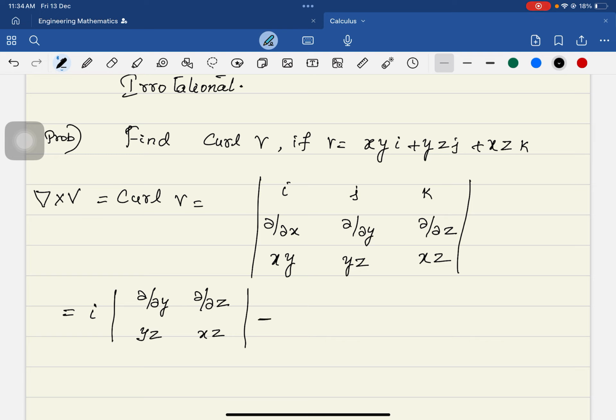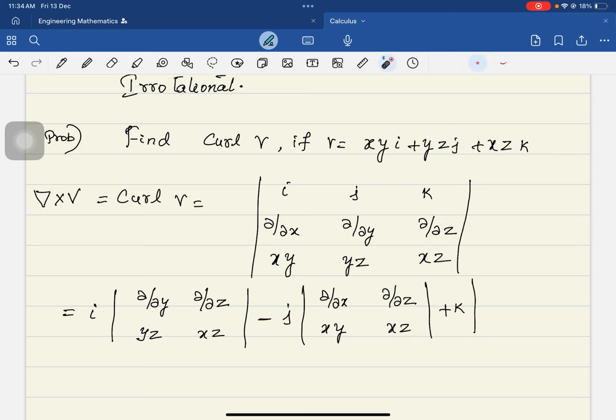Then minus j times, take the first column and the third column, that is ∂/∂x, ∂/∂z, xy, xz. And then plus k times the first column and the second column, that is ∂/∂x and ∂/∂y, xy and yz. So these are the products.